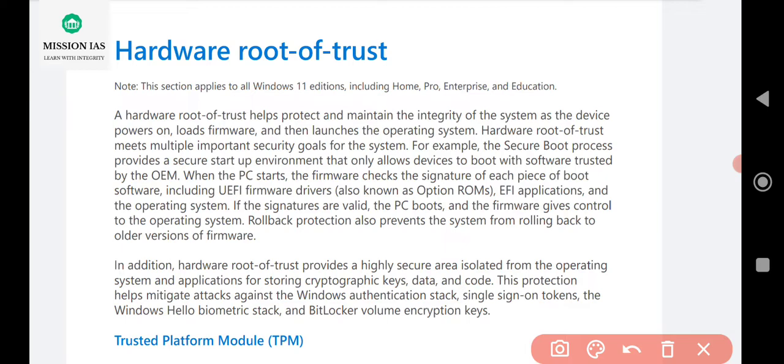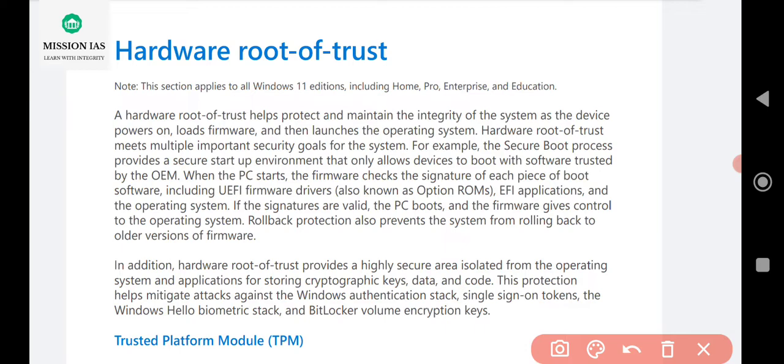The root of trust is meant to establish trust among the hardware, or among the installation of the chips. Let me take an example, which is also written here. Secure boot provides a secure startup environment that only allows devices to boot with software trusted by the OEMs.